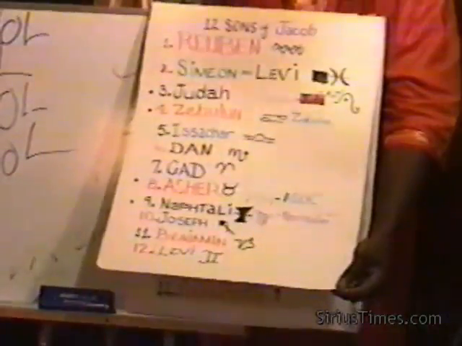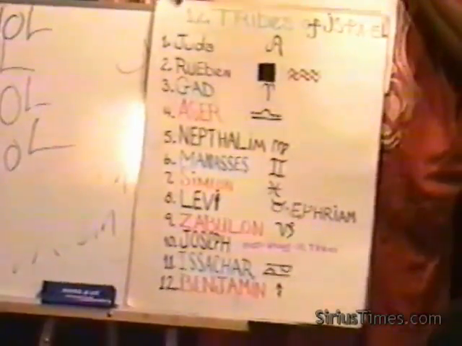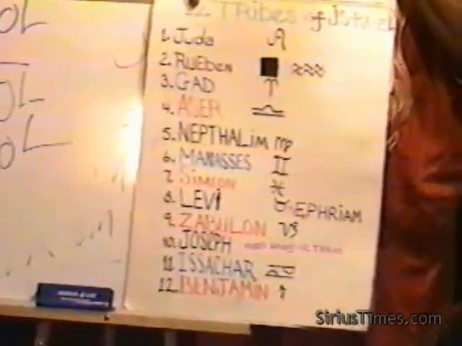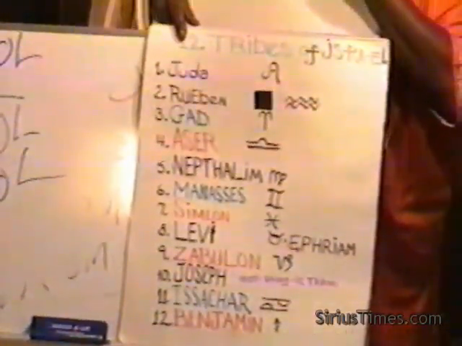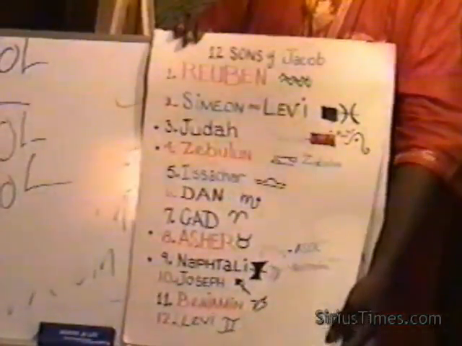See him? All right. Look again. Look at Judah's name up there. See it? That's the way it's spelled in Revelation chapter 7, where the 12 tribes are. This is Genesis chapter 49, the 12 sons of Jacob.